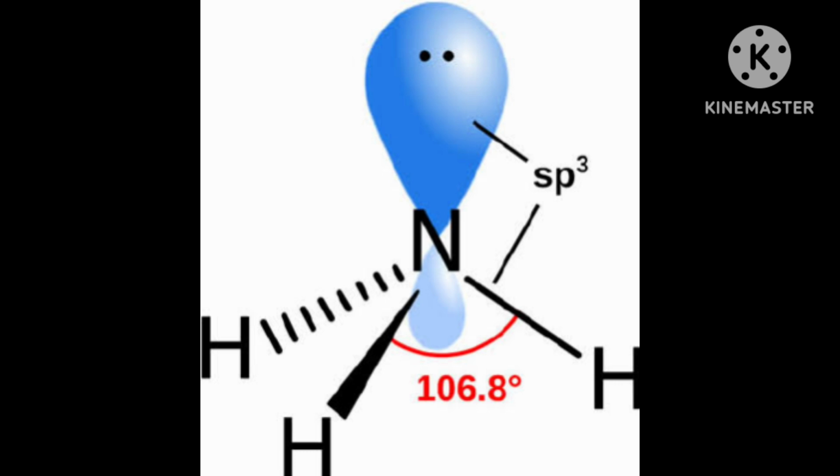Now I am telling you the properties of nitric acid, and also I will tell the structure of nitric acid. Nitric acid is a colorless liquid.